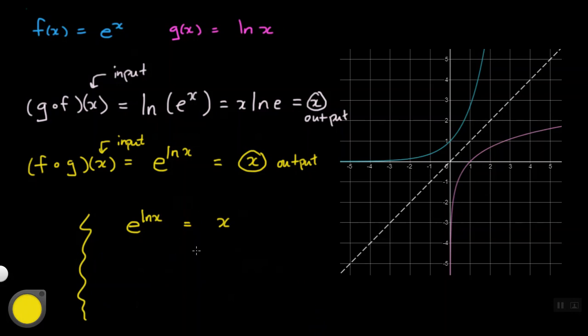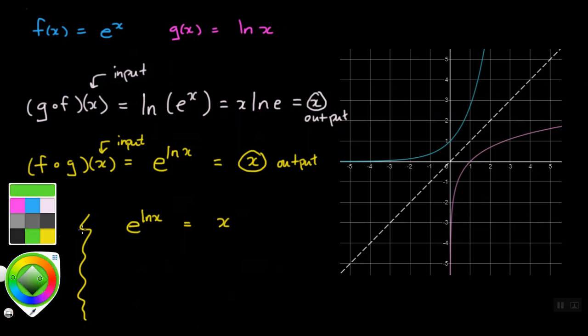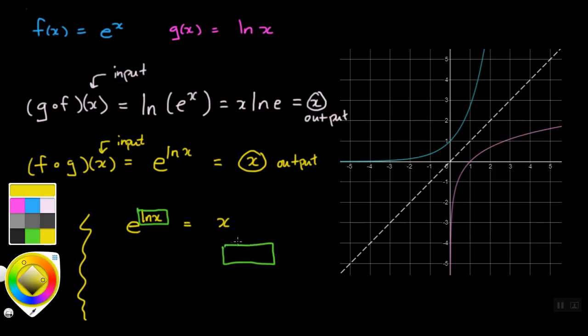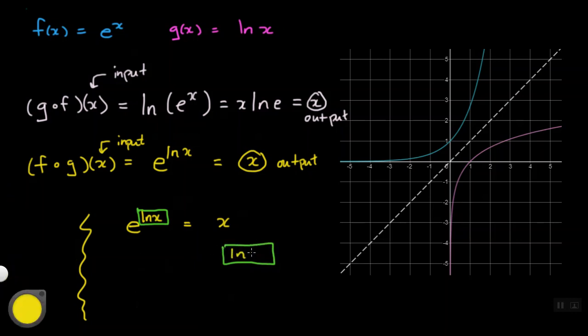And writing this in logarithmic form, of course, we'll use base e. Maybe we'll get a different color here to remind ourselves that if we're going to write something in logarithmic form, the log is equal to the exponent. So my exponent is going to be the output here, which is ln of x.